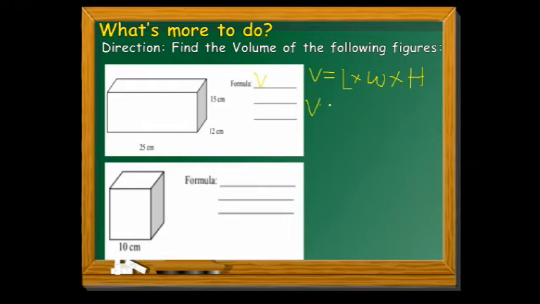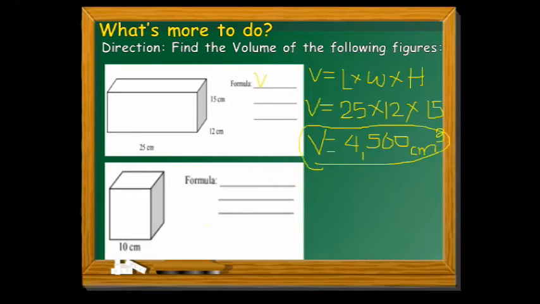The length is 25, the width is 12, and the height is 15. We multiply: volume equals 25 times 12 times 15, which equals 4,500. The unit is centimeter with a 3 above, or cubic centimeter. That is the answer.